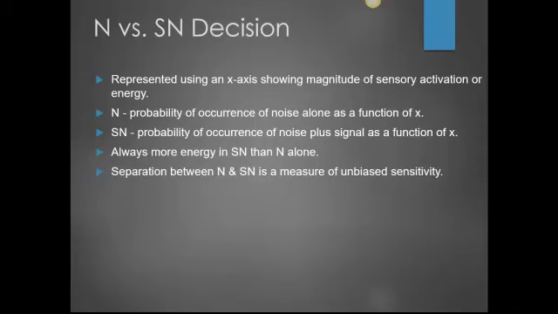And there's always more energy in the signal plus noise than the noise alone, because obviously the noise is always there, and then you're adding that signal, so of course there's going to be more energy there because you have that added signal energy. And then we have a separation between the noise and the signal plus noise, and that's the measure of the unbiased sensitivity.